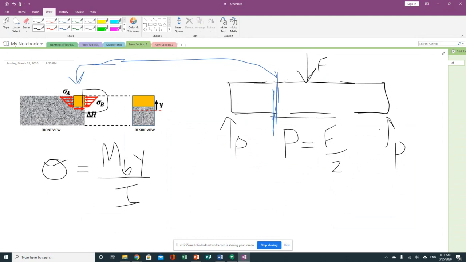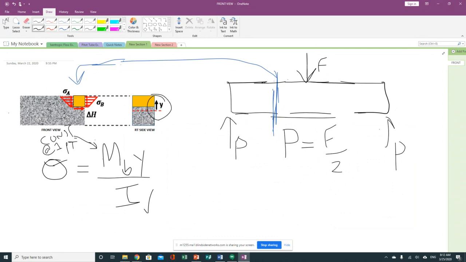Awesome. So at one point, bending moment is going to be constant, right? Constant at a point. I is going to be constant, right? But there's my y coordinate. As I move up and down a cross section, the bending stress caused by my bending moment is going to change, right?